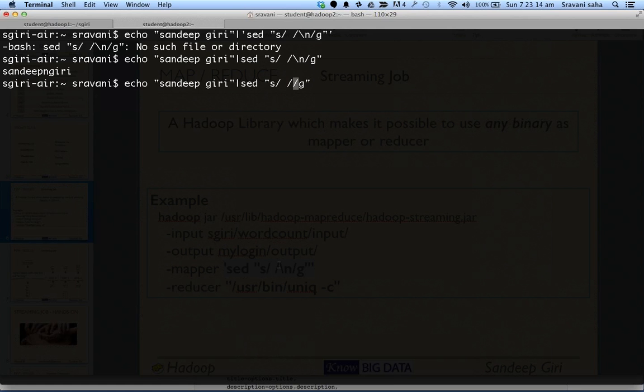If I want to replace spaces by dashes, it has replaced the space in Sandeep Giri. This is the input I have provided to SED by piping it. Now this space is replaced by dashes. You see the dashes?